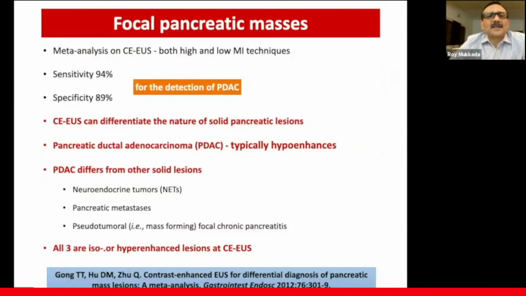Now, coming to the focal pancreatic masses, the meta-analysis on CE-EUS, both high and low MI techniques, showed a sensitivity of 94% and specificity of 89% for the detection of pancreatic ductal adenocarcinoma. So CE-EUS can differentiate the nature of solid pancreatic lesions. PDAC, pancreatic ductal adenocarcinomas, typically hypo-enhance in CE-EUS.